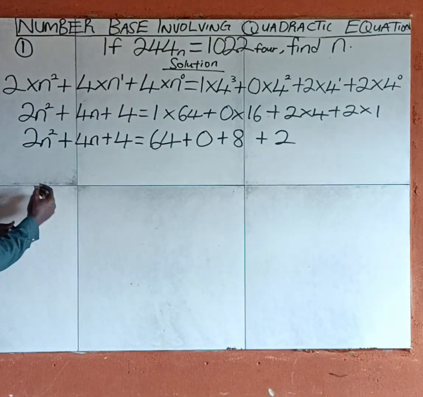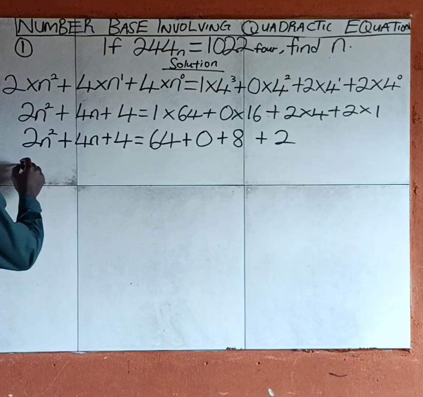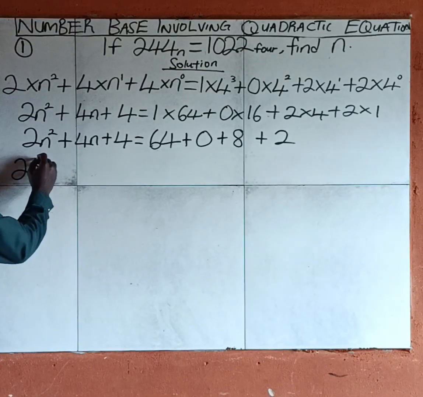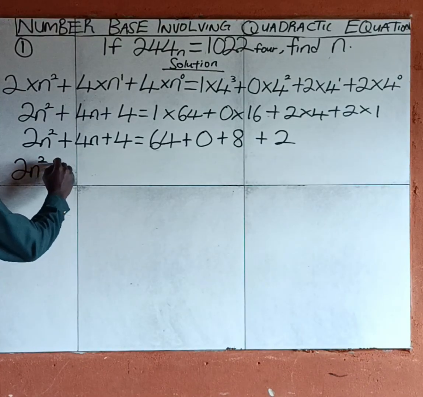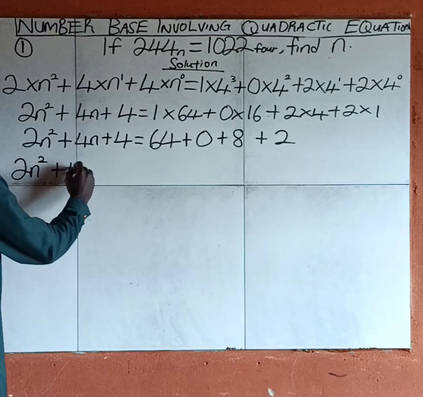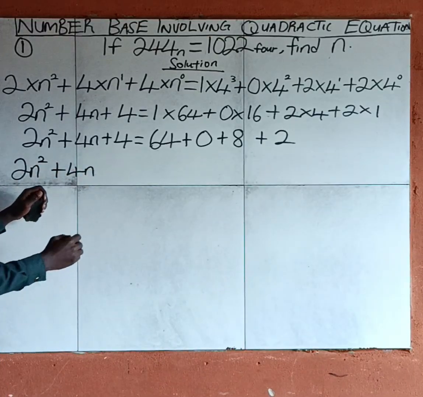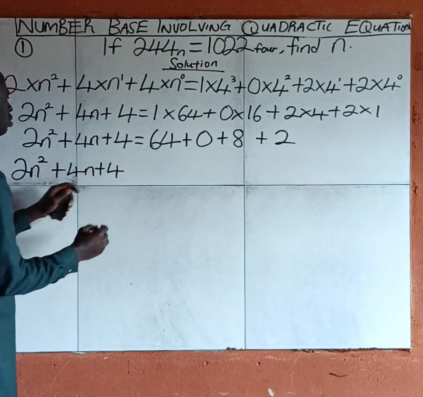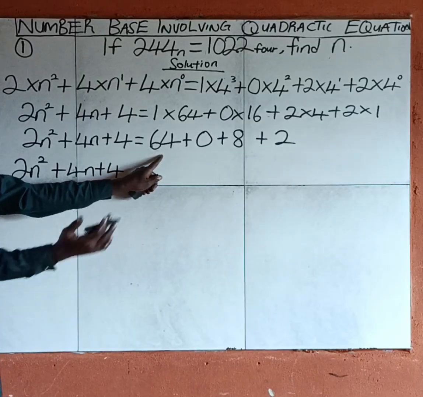So it becomes 2n raised to the power of 2 plus 4n plus 4. Now, can you see this 64? This 64 will cross.